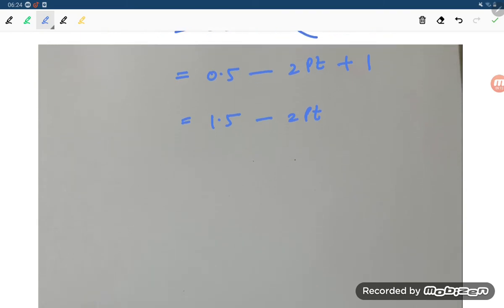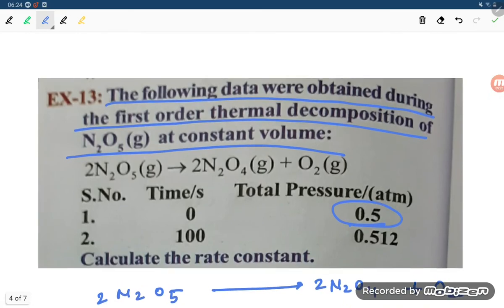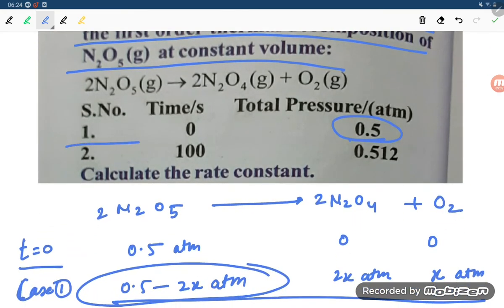This is case number 1. Now we go to case 2. In this question, the following data were obtained for the first order thermal decomposition of N2O5. At time 0 we calculated the pressure.